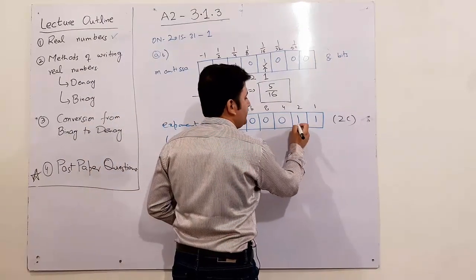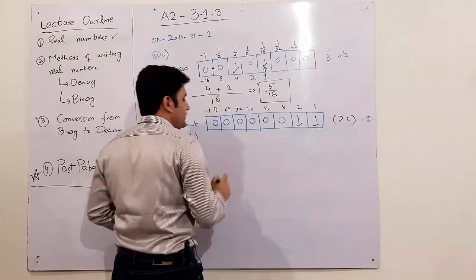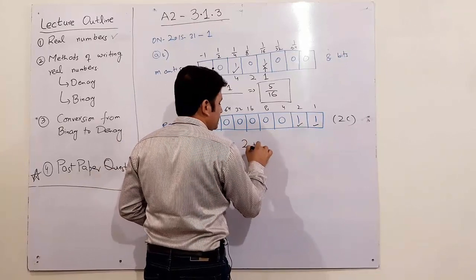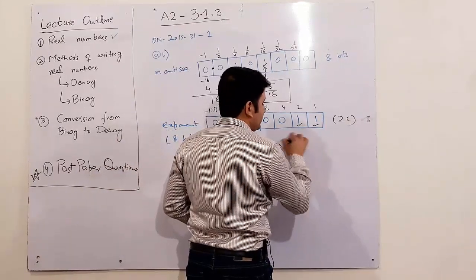So we'll be only adding up the place values wherever we have ones. So we have 1 at 2 and 1. So as a whole, this constructs our exponent.